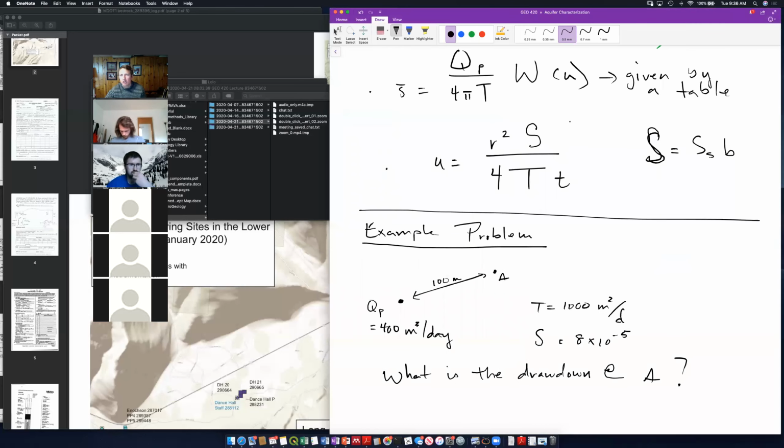Okay, so here's how we have to solve this problem. The first thing we need to do is to calculate u. Then we'll get W sub u. And then we will calculate the drawdown.